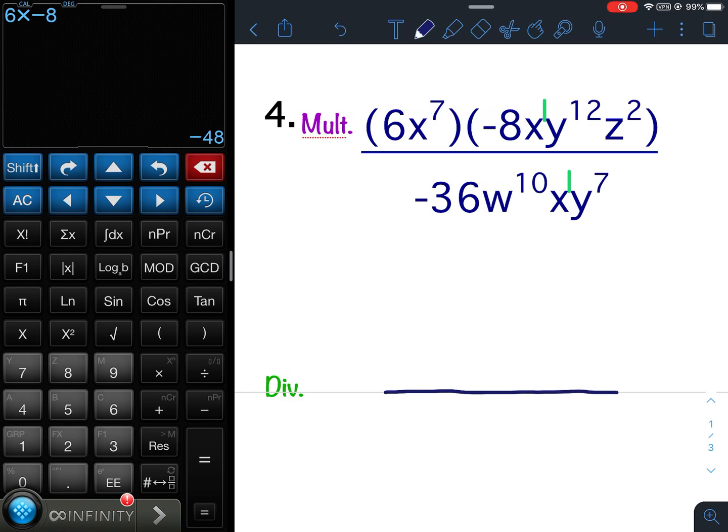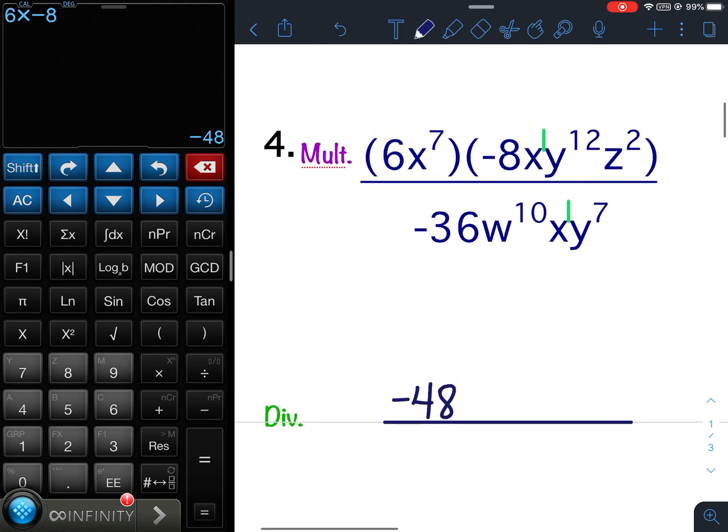So down here, draw my fraction bar. Negative 48. The only variable term that is in both parentheses, both monomials, is the x term. I have an x to the 7th, and I have an x to the 1st. So when you are multiplying, you add exponents. So 7 plus 1 would give me x to the 8th.